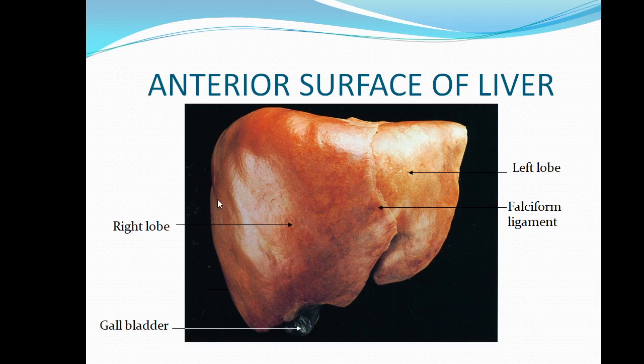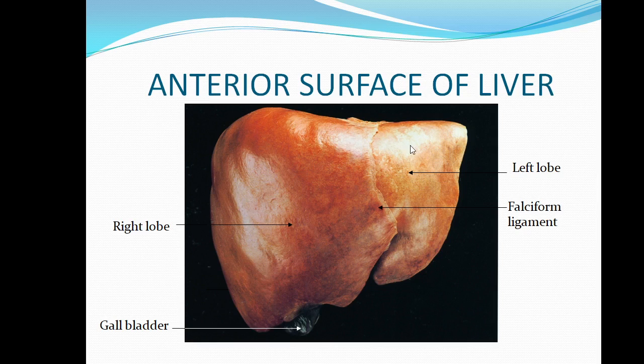This is the right lobe, and the right border is rounded. Here is the inferior border, which is sharp and well defined, and it has the notch, that is the cystic notch, and here you can see the gallbladder which extends beyond the cystic notch.